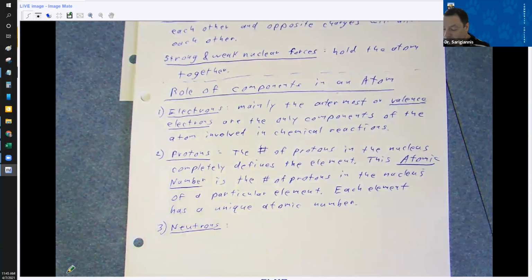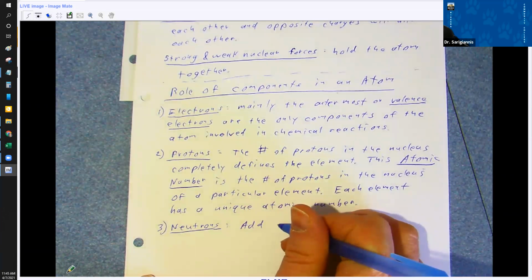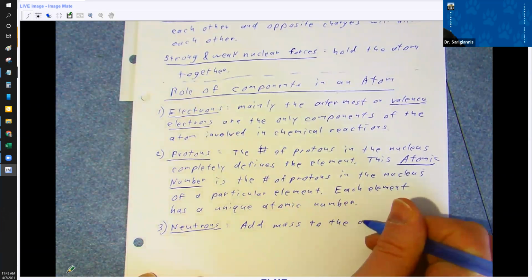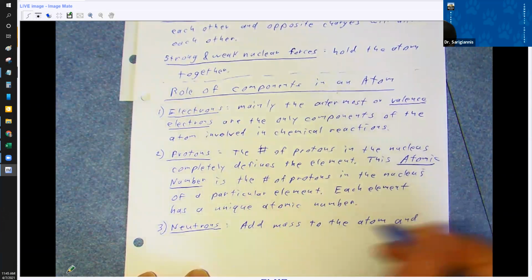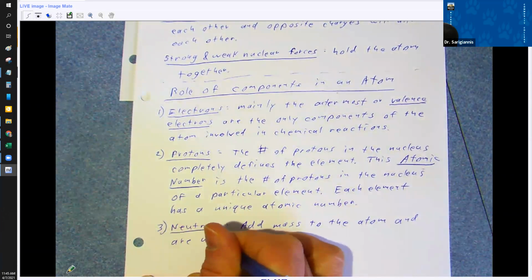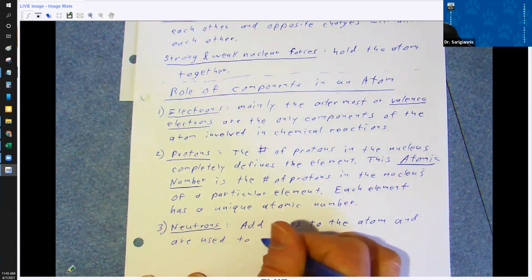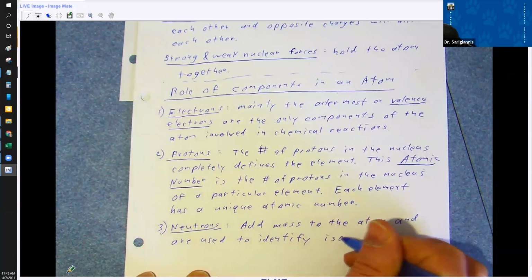All right, so electrons are the ones that are involved in chemical reactions. Protons basically define the element. And neutrons add mass to the atom and are used to identify isotopes.